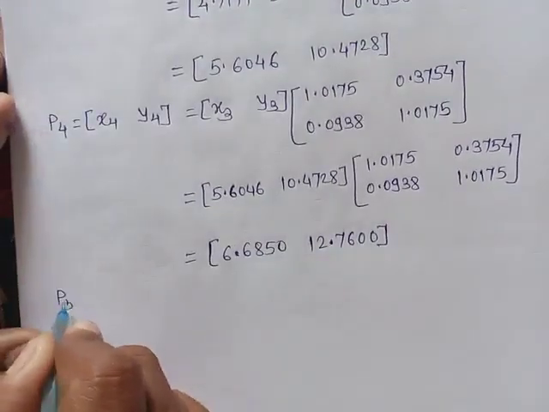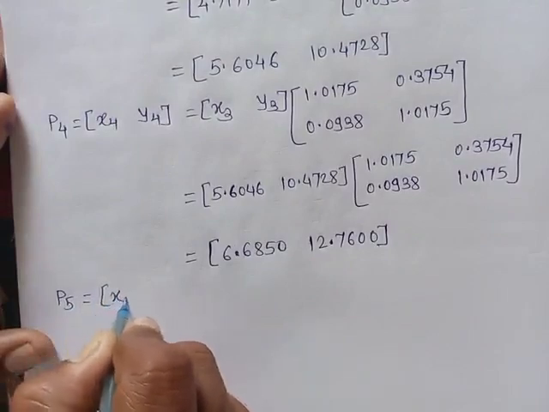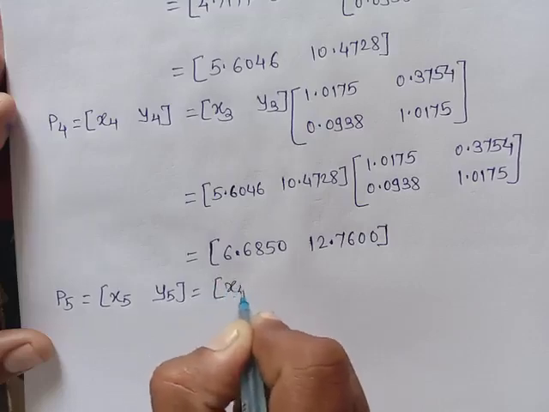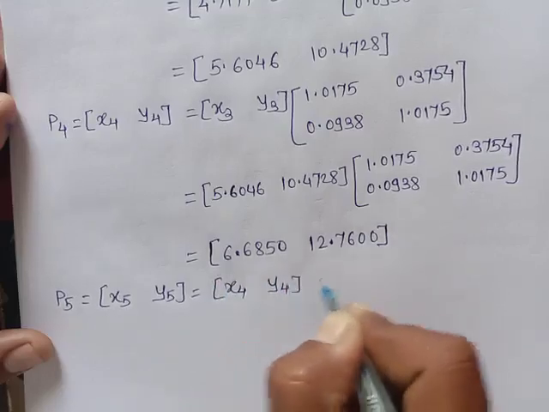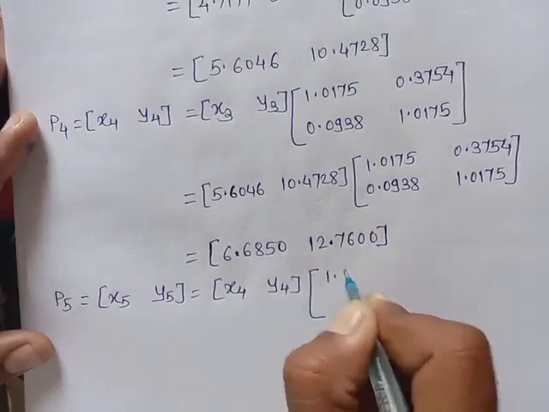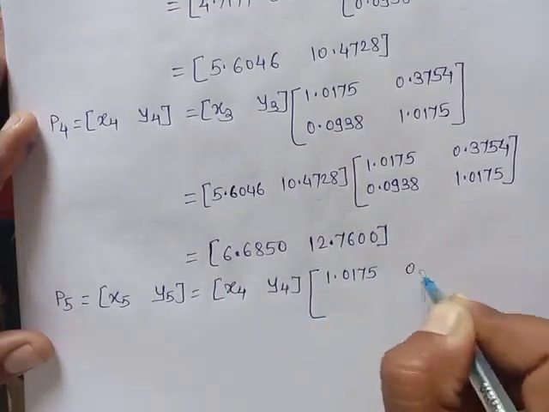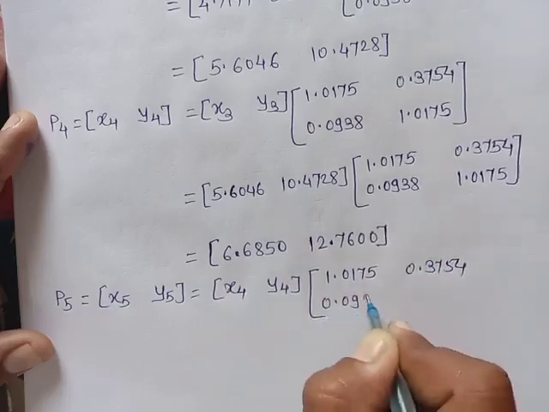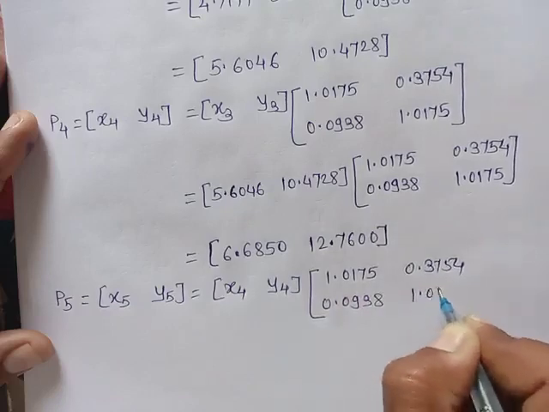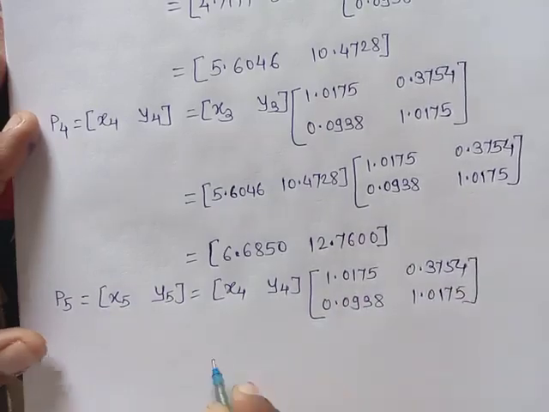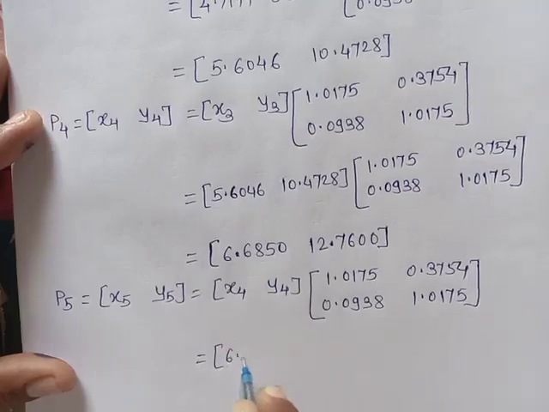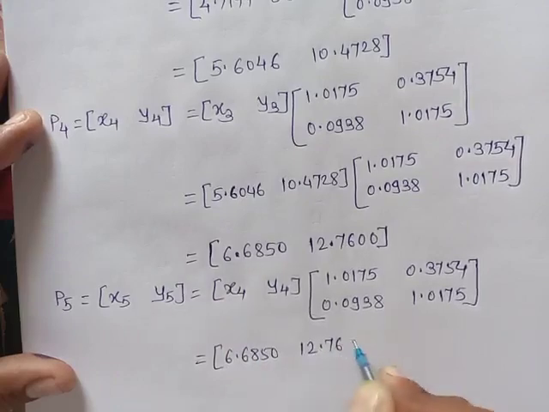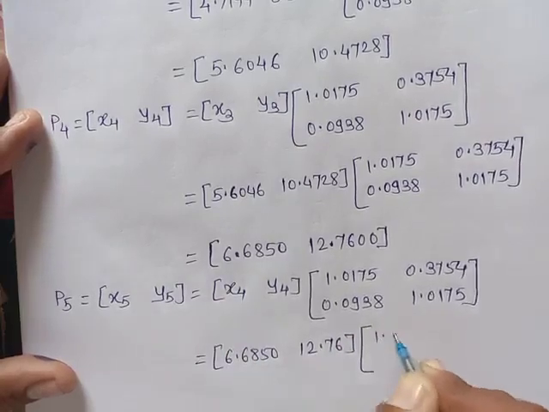P5 is what? X5 Y5. That will be x4 y4 into 1.0175, 0.3754, 0.0938, 1.0175, again 6.6850, 12.76 into this matrix.